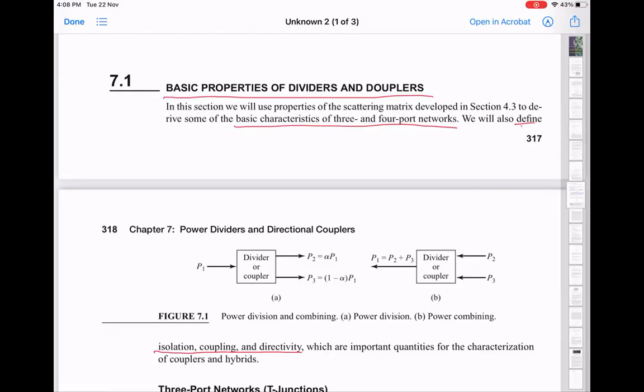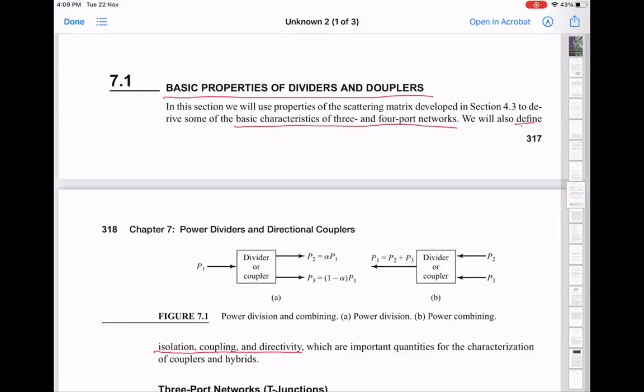And I also defined these terms for you: isolation, coupling, and directivity. At least in the power divider, there's no concept of directivity that comes in when you go to the 4-port directional coupler. But isolation and coupling are important quantities. So there's also matching, I guess one should keep it here.